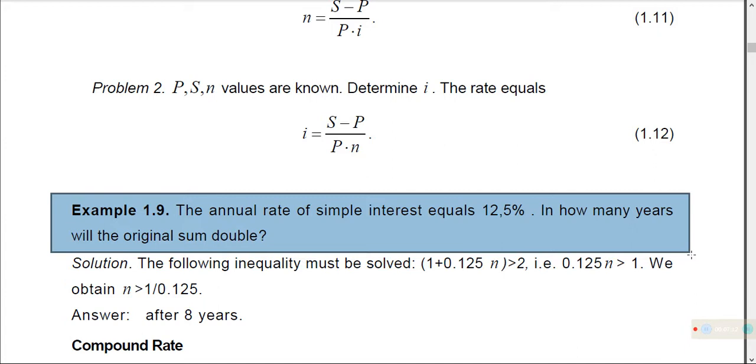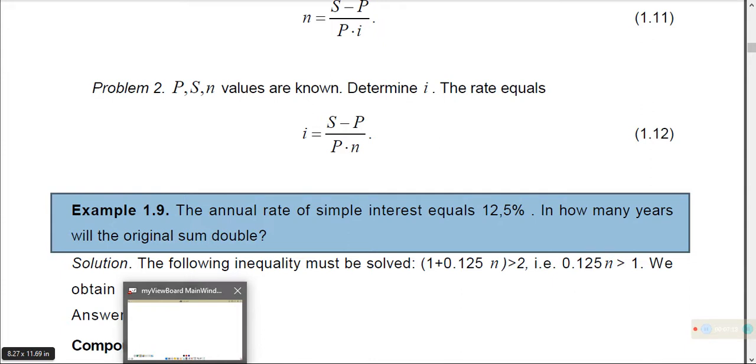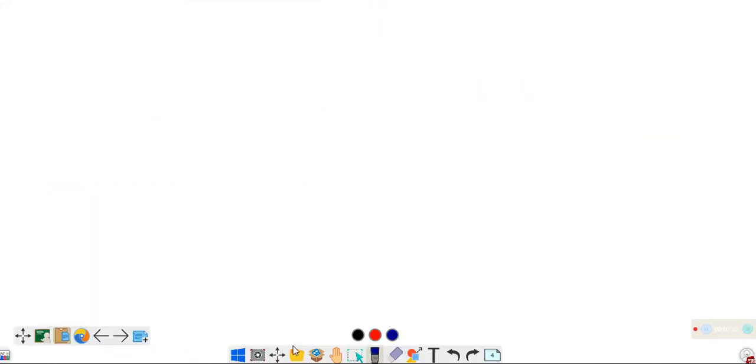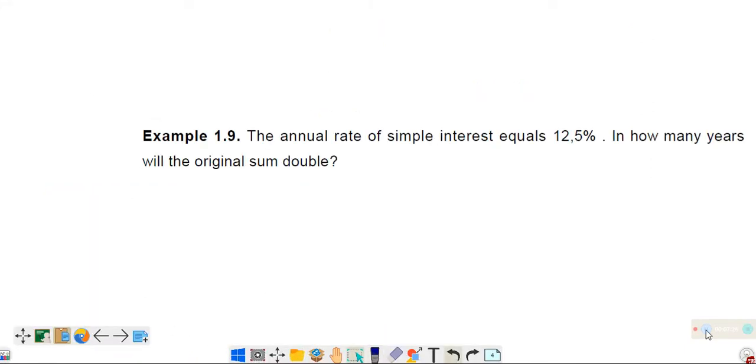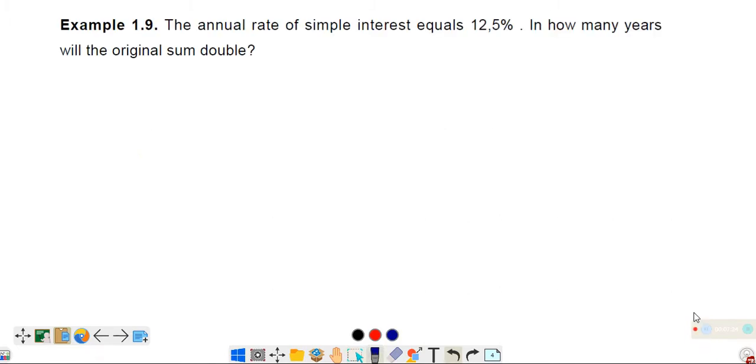Paano natin siya isosolve? Okay, so I transferred our problem to this whiteboard para mas madali natin siyang tingnan. And then I will just edit this out. It should be 12.5.